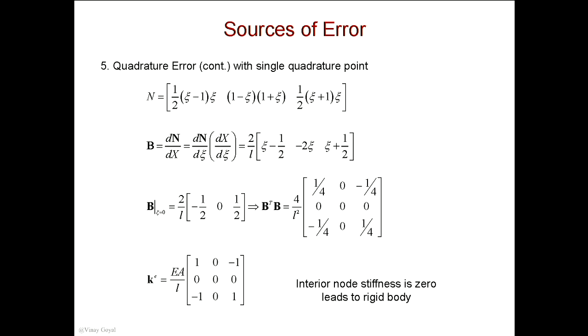So I have 0 stiffness. I have rigid body motion in that middle node. And that's going to cause some numerical issues. That is a problem. You guys follow?